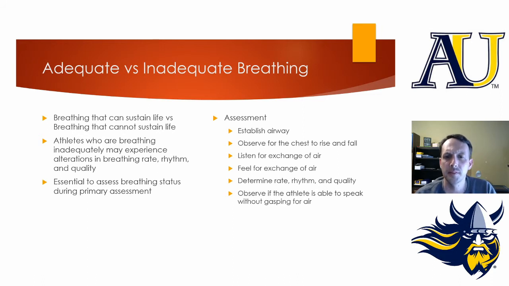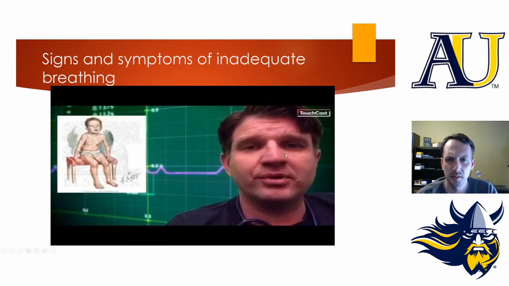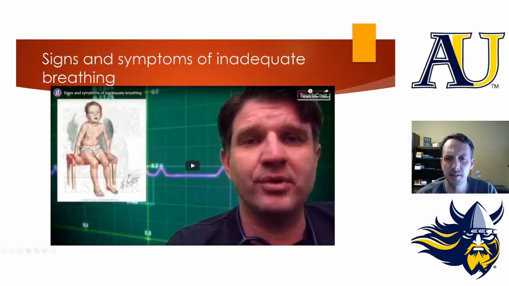This is establishing the airway, looking for the chest to rise and fall, listening and feeling for air exchange, and determining that rate, rhythm, and quality that we talked about previously when we were doing assessment. So let's talk then about signs and symptoms of inadequate breathing.